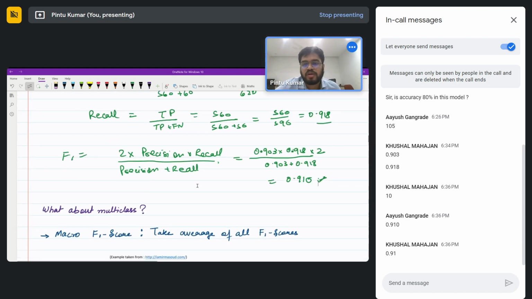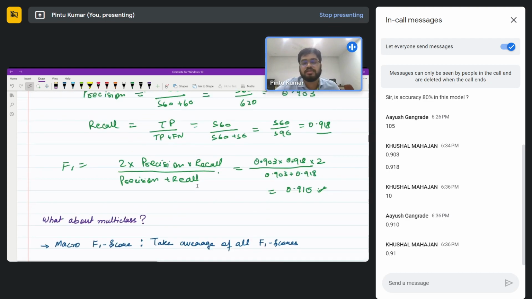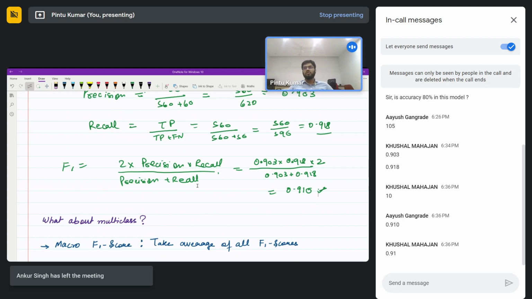Now, this was for binary class, right? Now what about multi-class? How do we calculate our precision or recall or our F1 score? What we generally do is we calculate the F1 score for every class individually, and then we take an average of these classes.